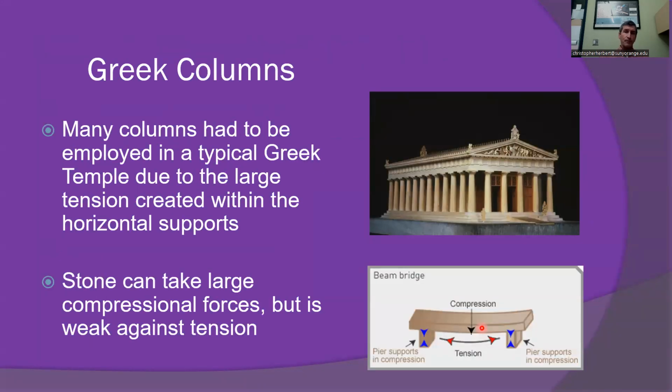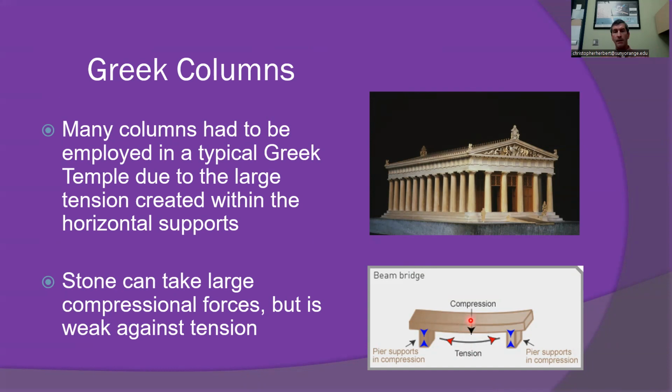Okay, so here's a problem that the ancients had in building different structures. When you bend a material, when you bend a structure, the side which is curved outward is going to increase its overall length. So it's going to be under tension.